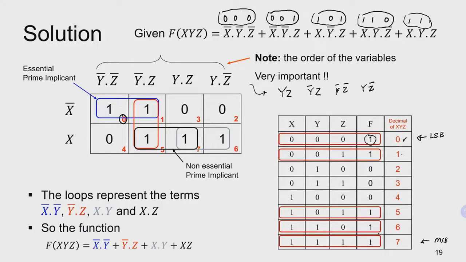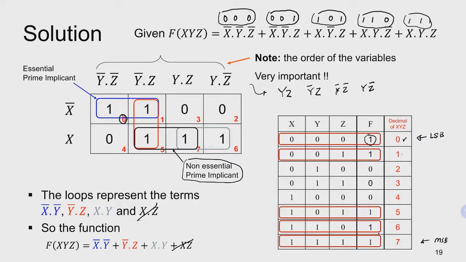So to get the minimum Boolean expressions, if I classify this black loop as non-essential, we can drop this in our final functions because this is redundant. So if I remove that black loop, all the ones would have been looped anyway. Okay, so it means that the black loop is classified as non-essential prime implicant.